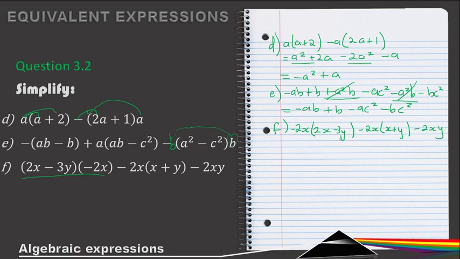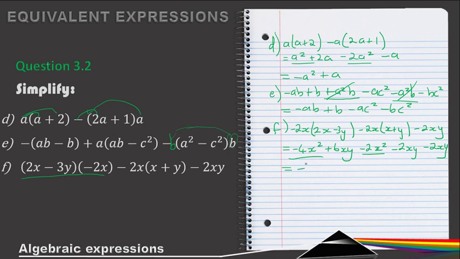Okay, so we have one term, three terms. Multiplied in, negative 4x squared plus 6xy. Then going over to the second term, minus 2x squared minus 2xy minus 2xy. Okay, then my like terms are these, and the rest are the xy terms.